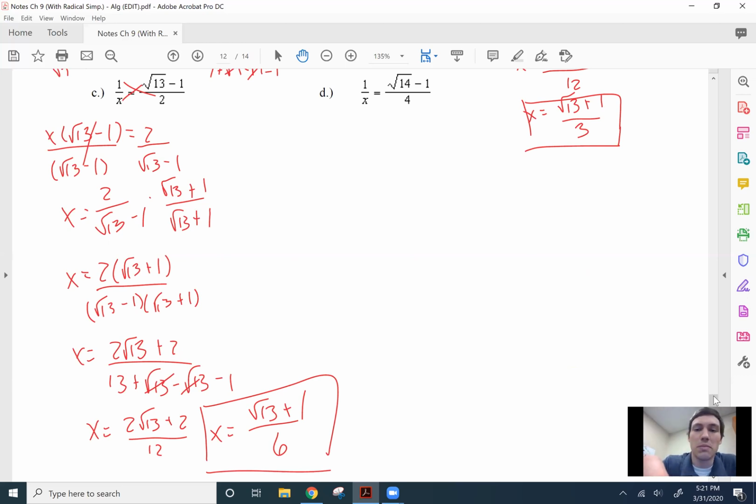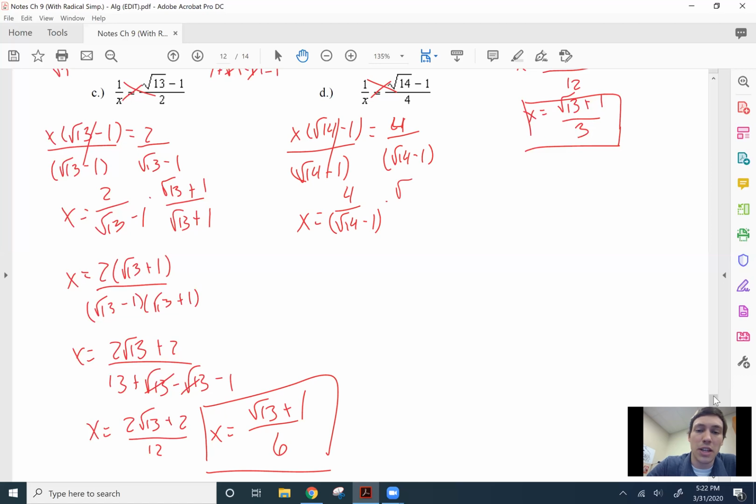Last one here, same type of deal. I get x times radical 14 minus 1 equals 4. Divide both sides by radical 14 minus 1. That's canceled. I get x equals 4 over radical 14 minus 1.